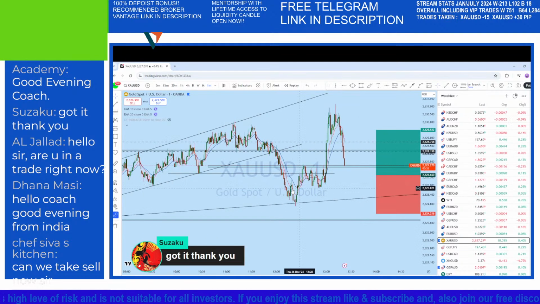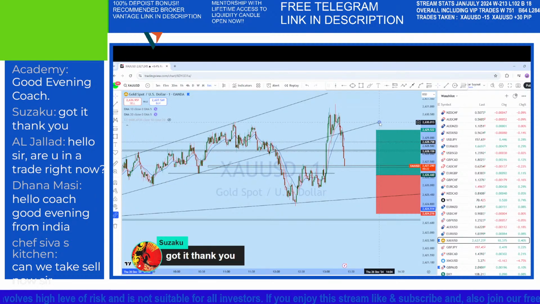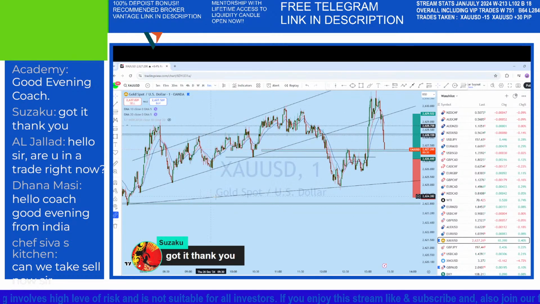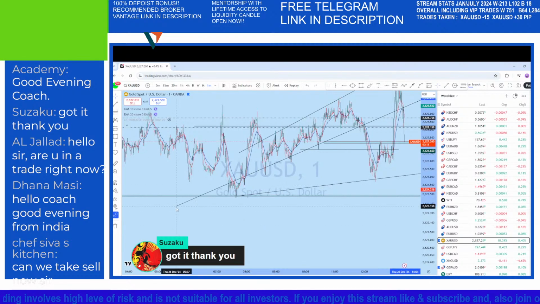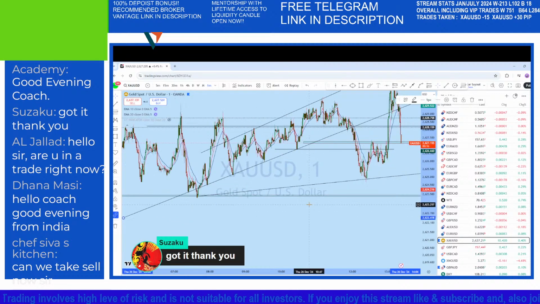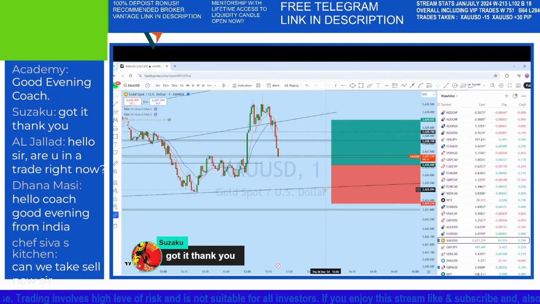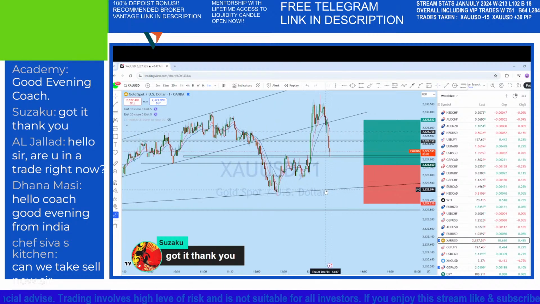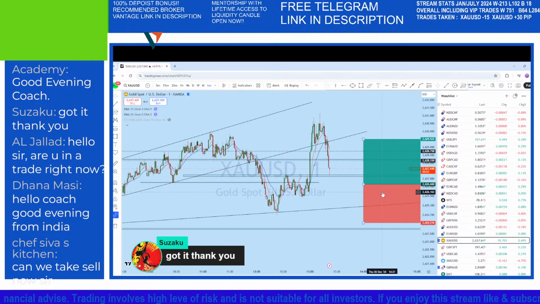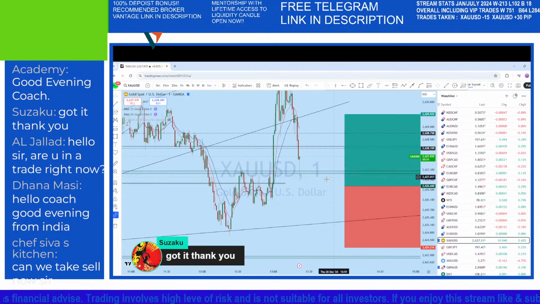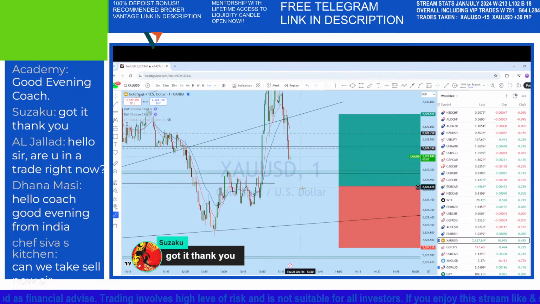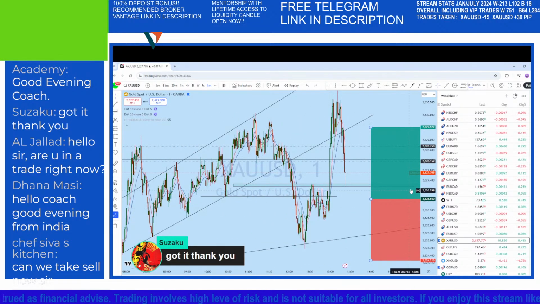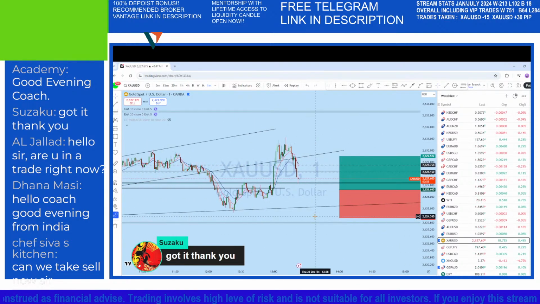Very interesting price action here. Okay, so with the retest, it's now trying to bounce back to the upside.